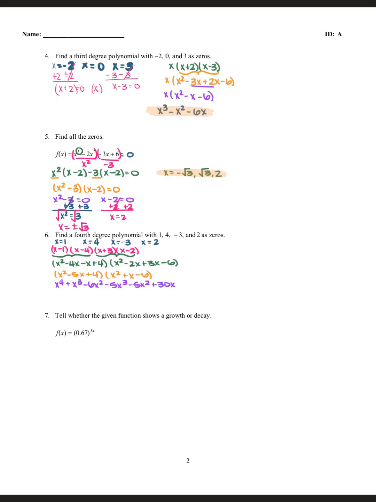Then we'll do the same with the 4 to get 4x squared plus 4x minus 24. We combine our like terms, and we'll be left with x to the fourth power minus 4x cubed minus 11x squared plus 4x squared gives us a negative 7x squared plus 34x minus 24.